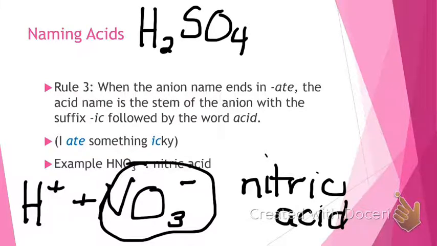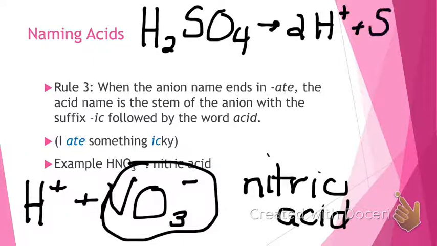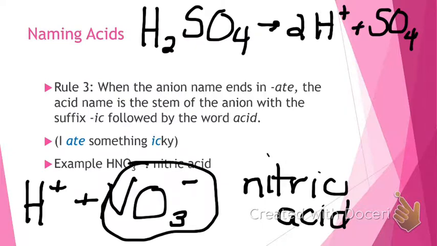We have to remember that when we put this in water, it's going to break down to 2 H plus ions plus an SO4 2 minus. So we have our 2 minus here.